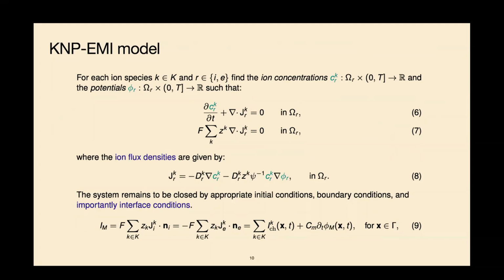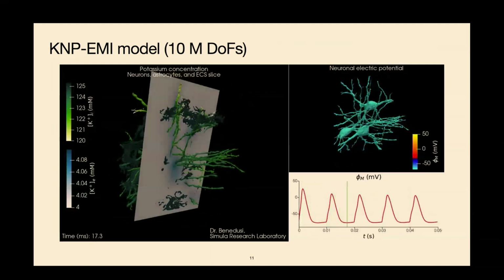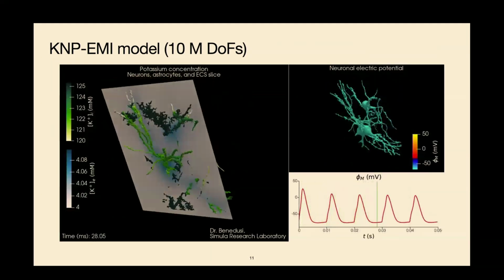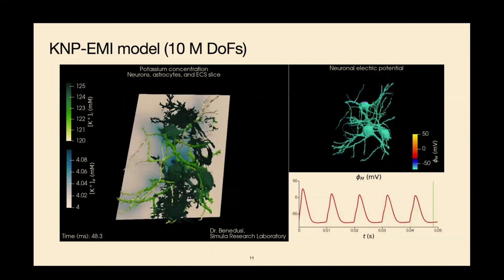So it's a constraint that essentially your solution is neutral at any point of the space. And then again, you have some conditions on the interfaces and some ODE that create all the dynamics and the complexity. This is an example of a simulation. Here we trigger some impulses in the neurons that you can see also here.